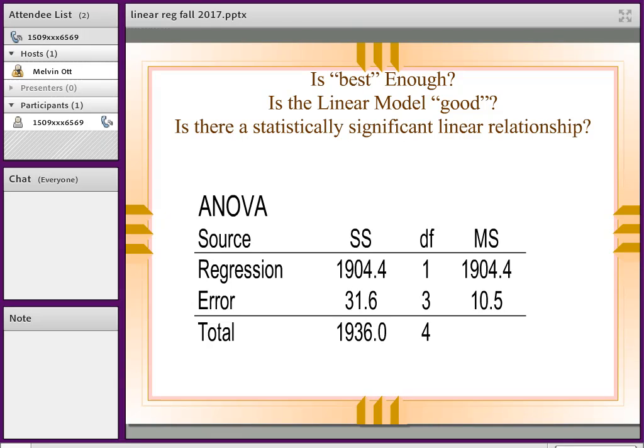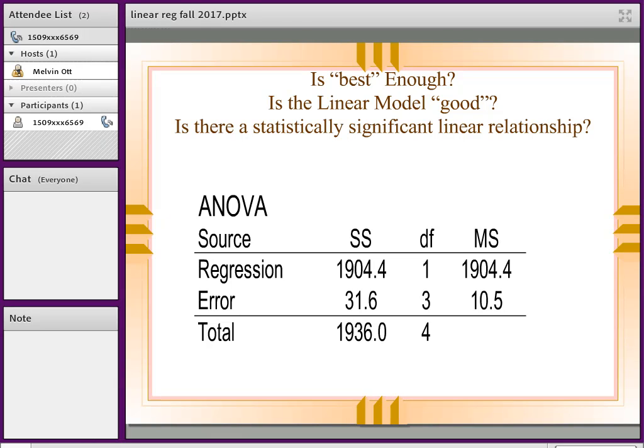And this is the information I need now to be able to look at in terms of a probability distribution, because the ratio of 2 mean squares, this number divided by this one, follows what's called an F distribution. So we're going to compare it to that.